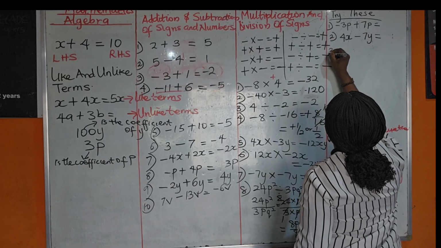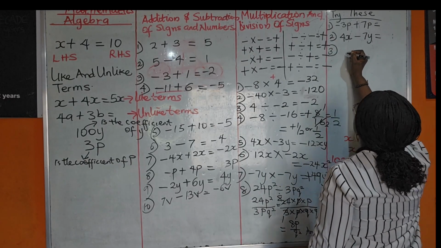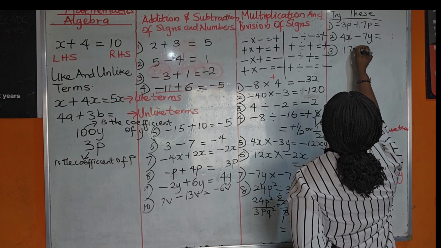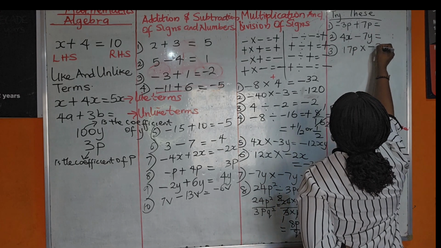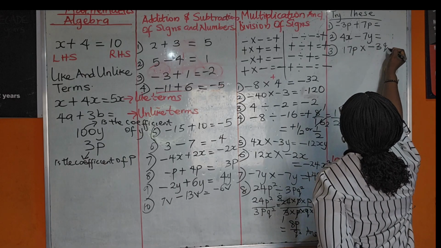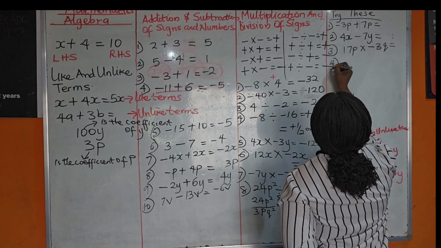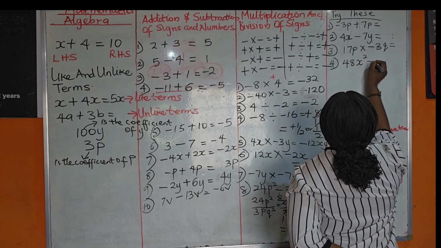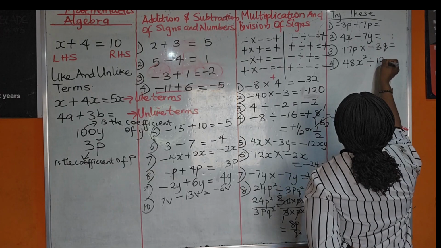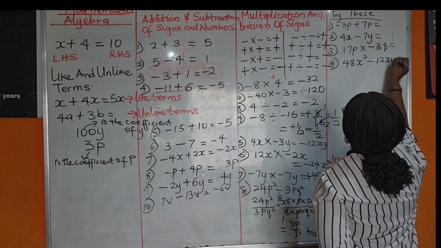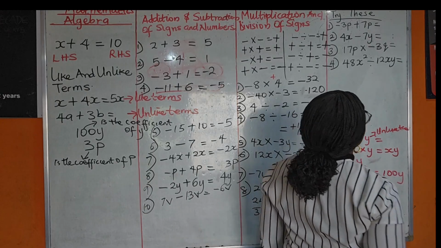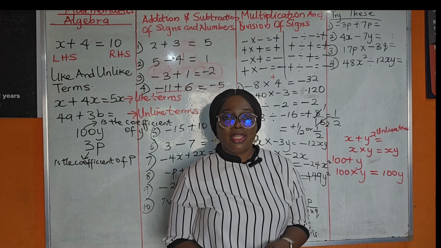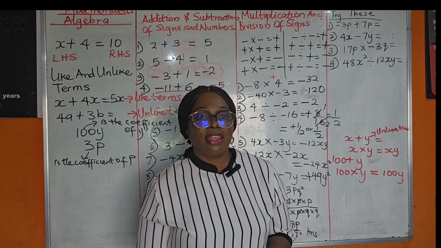Give us an answer. 17p times minus 3q, and 48x squared divided by 12xy. Give us an answer. So I want you to try this out. For me, they are quite simple. And then give me the answer. You can put the answer right there in the comment section.